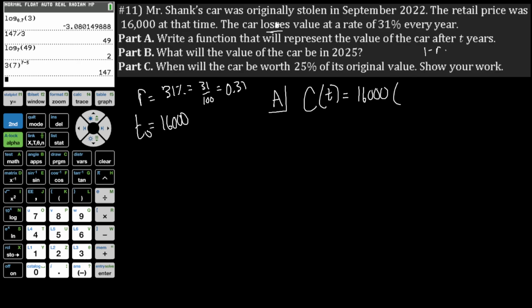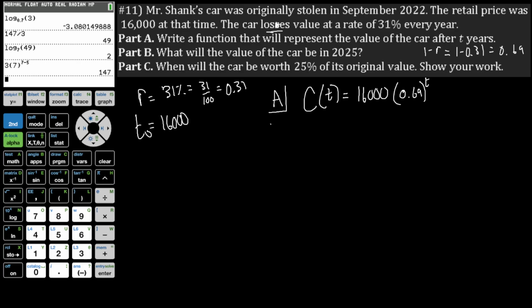So 1 minus 0.31 is 0.69. And so I'm going to say 0.69 to the power t. So that's going to be our function for this one.